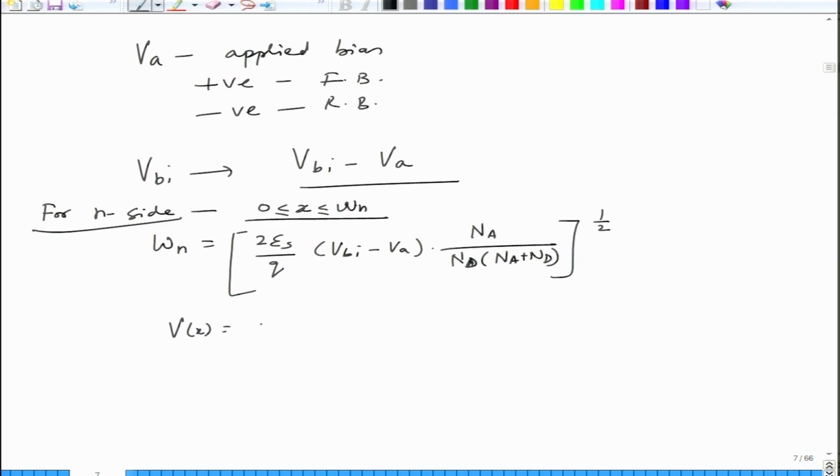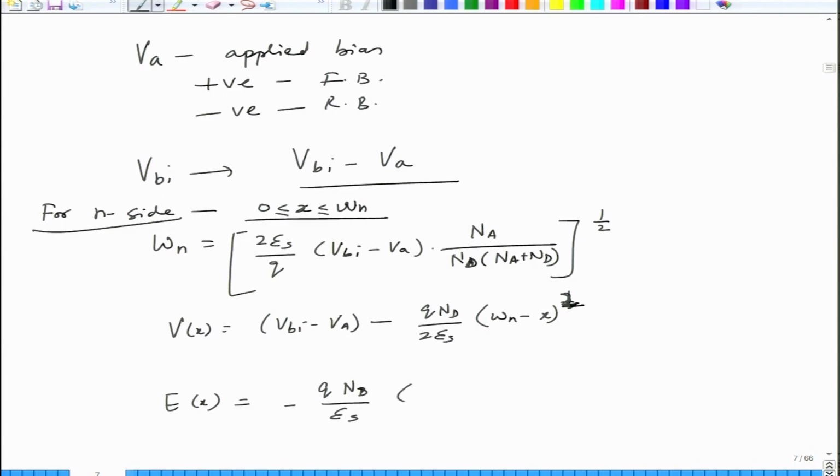Vx will be VBI minus VA into minus of q Nd divided by 2 epsilon s into (Wn minus x) to the power 2, and Ex will be q Nd divided by epsilon s into (Wn minus x). Electric field remains the same in form, it is only the bias which has changed.